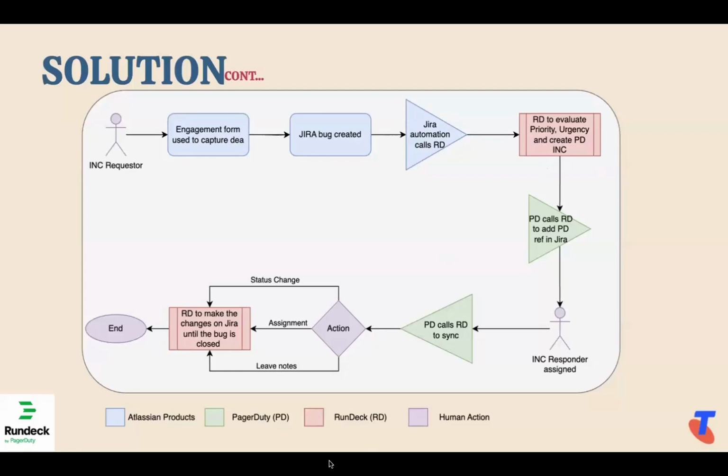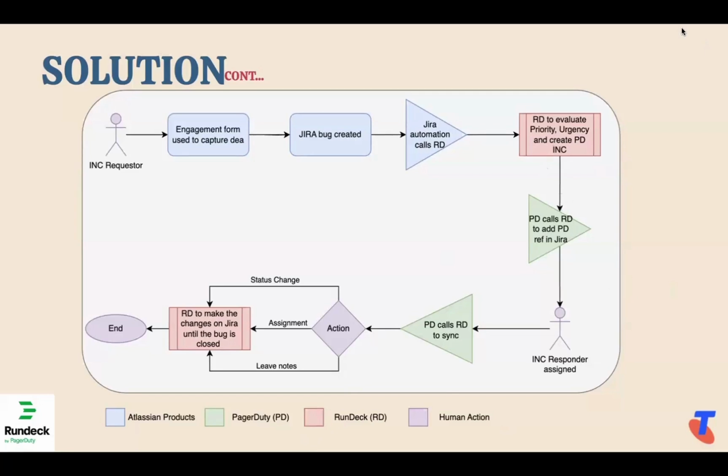Jira then has automation that invokes a Rundeck webhook, which has a job behind it that evaluates the input provided to Rundeck: the type of incident, what priority it belongs to, and whether it is within the SLA that we agreed with our tenants.